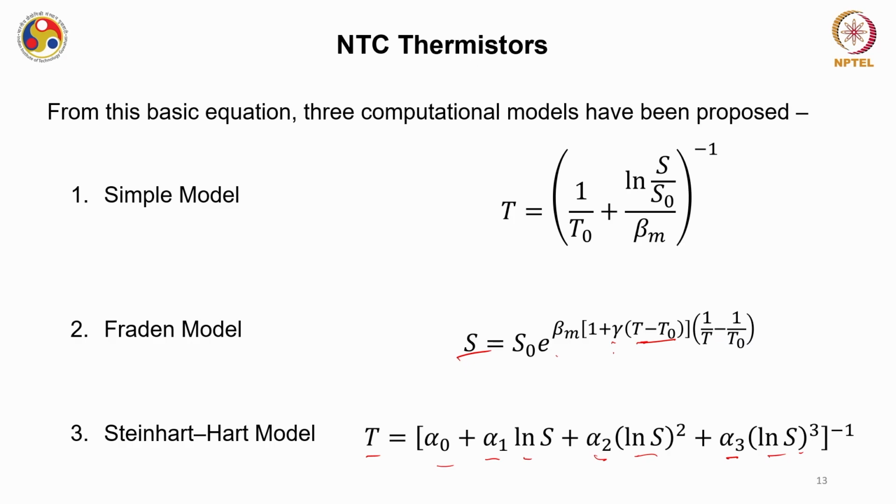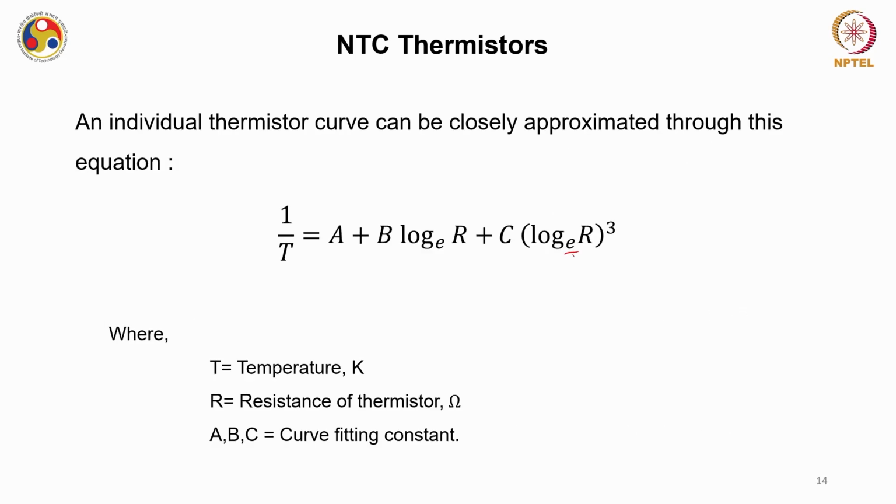The Steinhart model is another way to approximate the polynomial that we have seen, where T is equal to alpha naught plus alpha 1 ln S plus alpha 2 ln S square plus alpha 3 into ln S cube, and whole inverse.